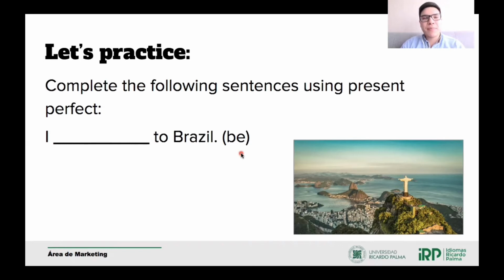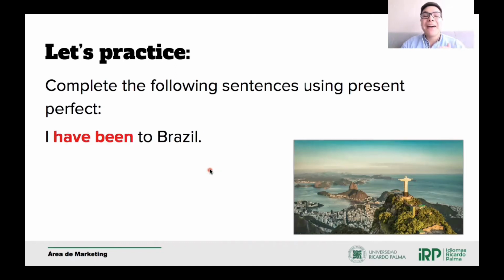What's the past participle of be? Be, was or were, and then, yes, been. So I have been to Brazil. And what about she? She has been to Brazil. Very good. Excellent. I have been, she has been.